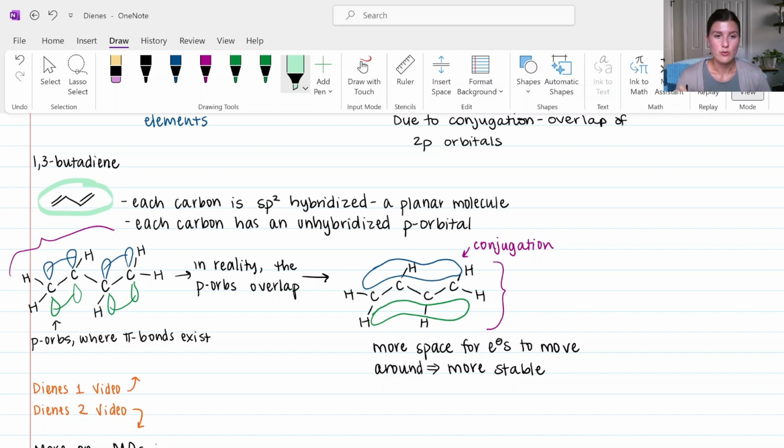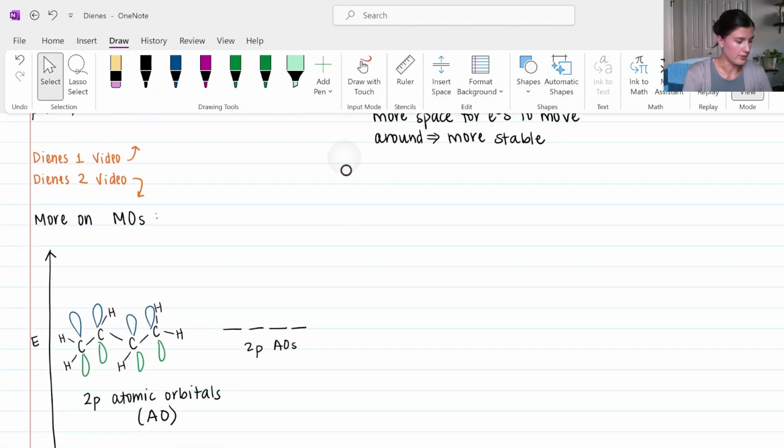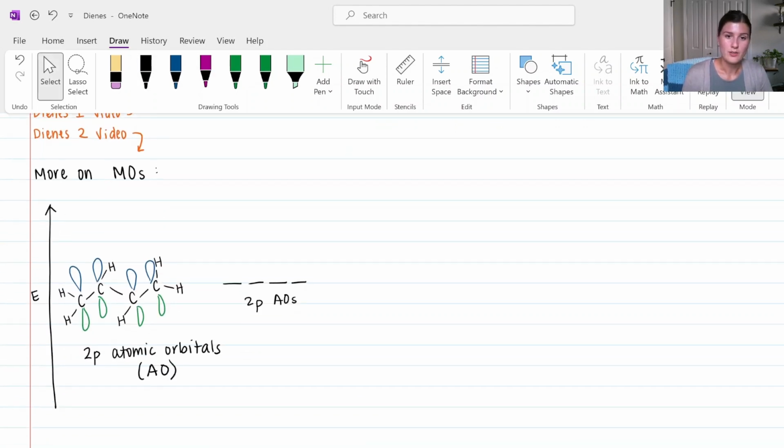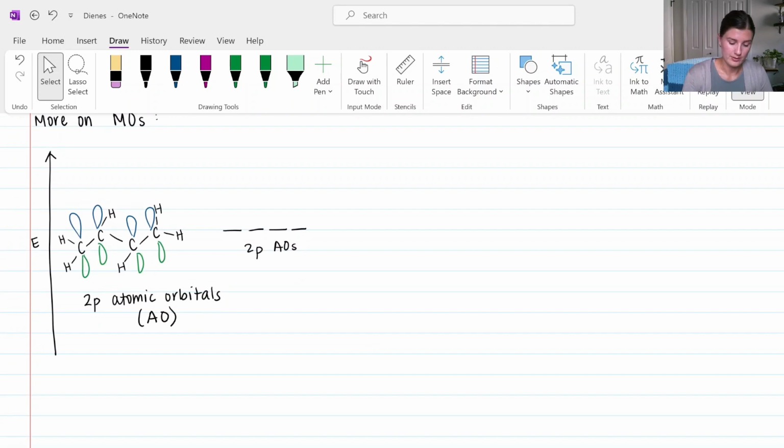And if we have 2 double bonds, there are 2 electrons per double bond. So that means we have 4 total electrons in the p orbitals that are part of double bonds. So if we have 4 2p atomic orbitals that are the same energy, then we put 1 electron in each atomic orbital.